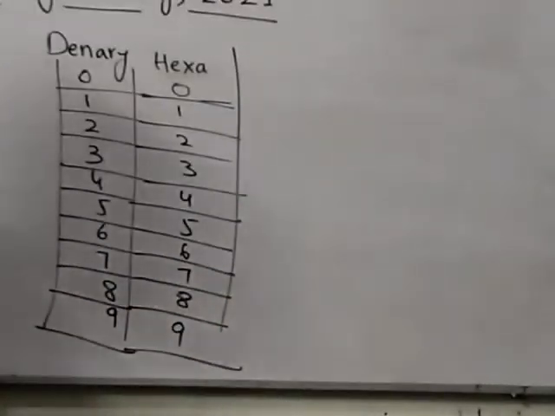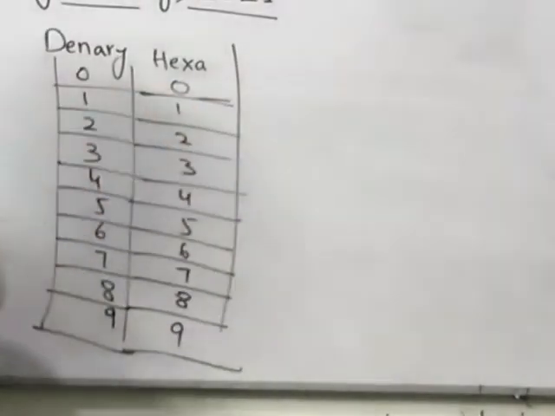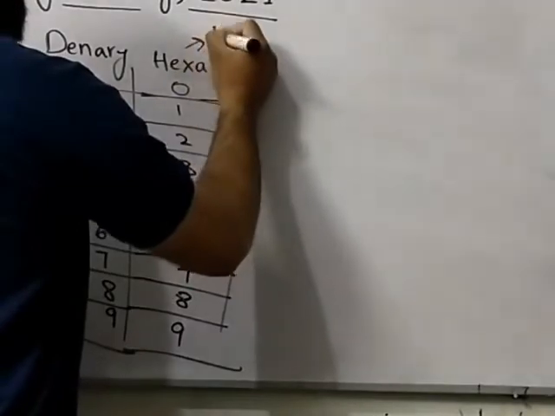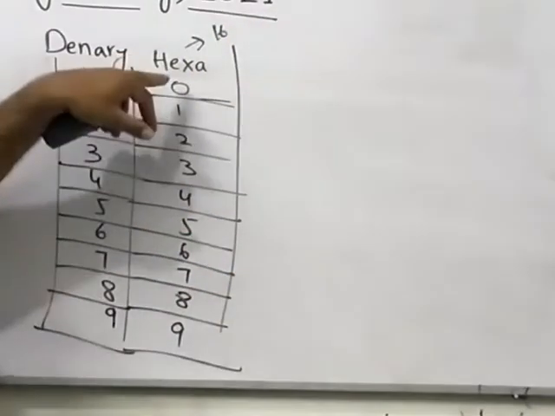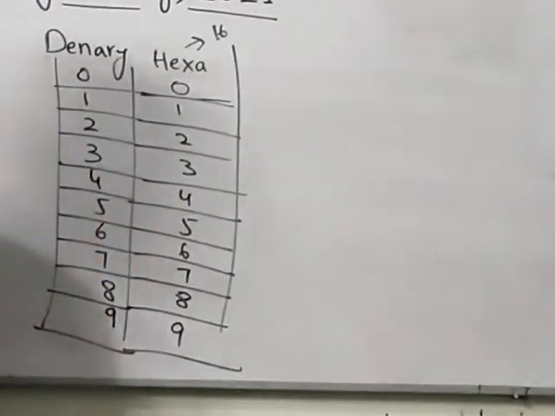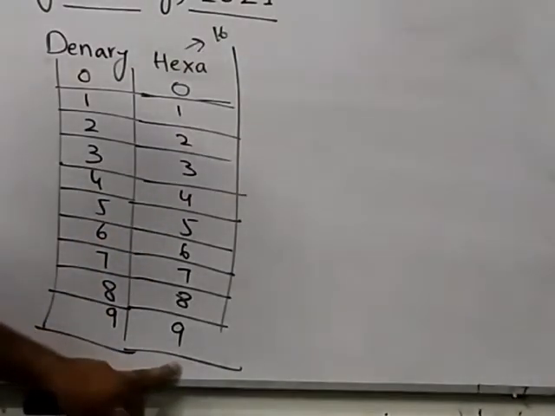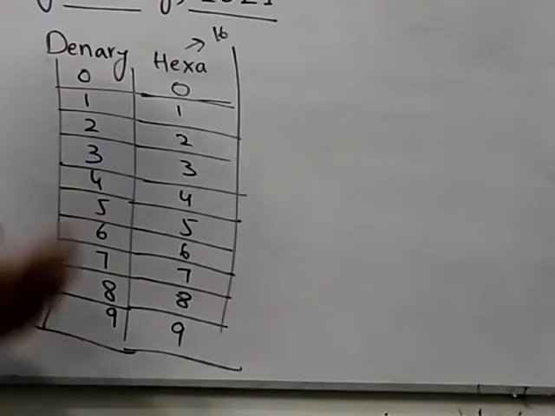Till 9 we have the same numbers in hexadecimal, but hex means base 16. So we have to go till 15, including 0, which makes 16 values. So after 9 you can write like that.